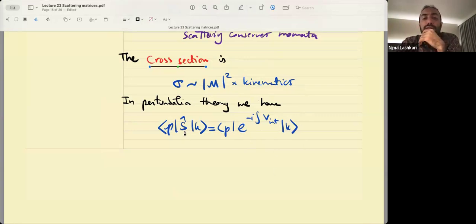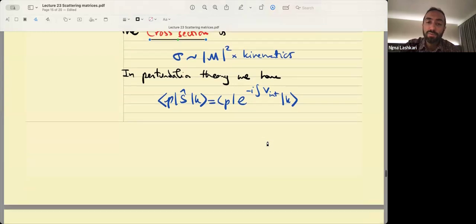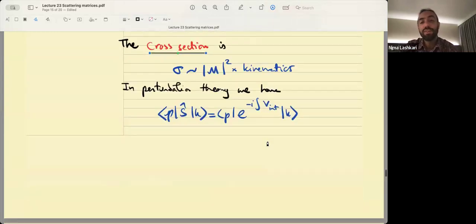By the way, is it clear that I'm using the interaction picture? Is that familiar? In quantum mechanics we almost always formulate a scattering problem in the interaction picture, hence this as the evolution operator. But I assume you can make sense of that. Do pay attention to the fact that we're using the interaction picture.